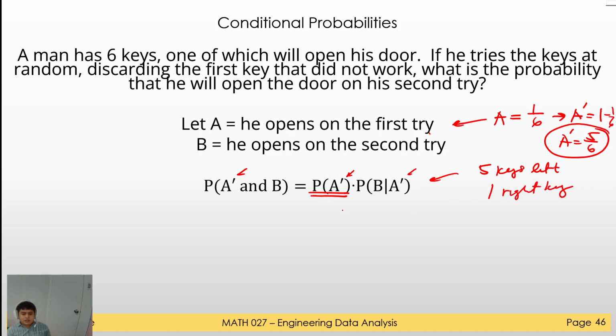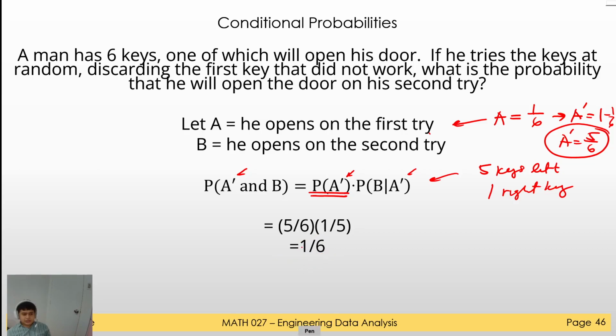So the probability of this occurring will be 1 over 5. So this will be equal to 5 over 6, which is the probability of A not occurring, times the probability of B occurring given that A does not occur, which is 1 over 5.